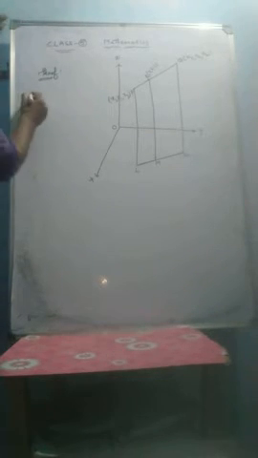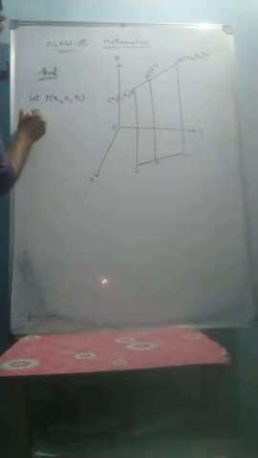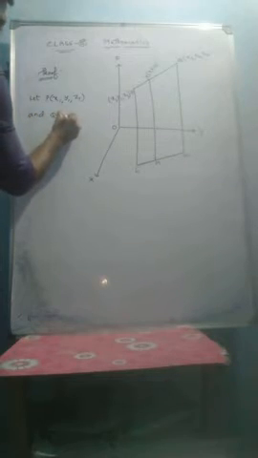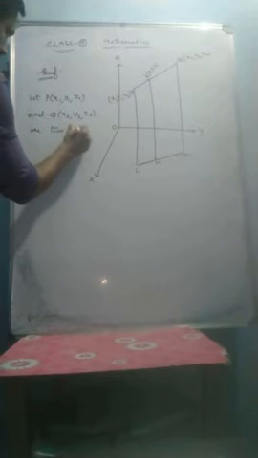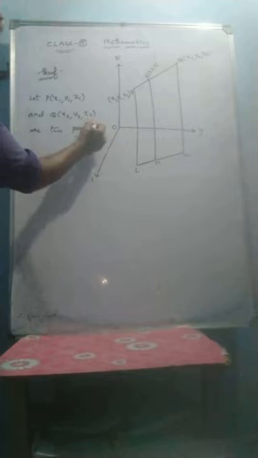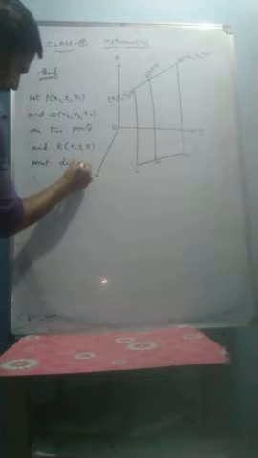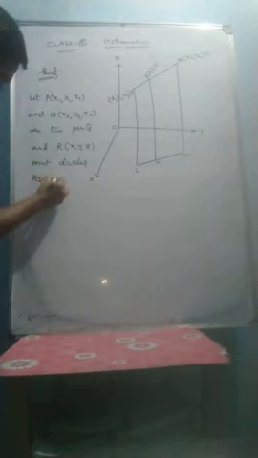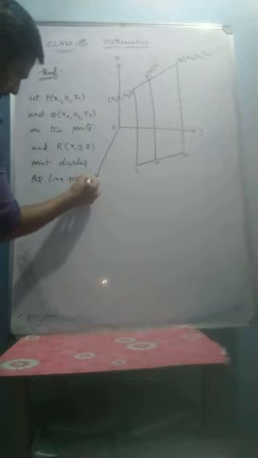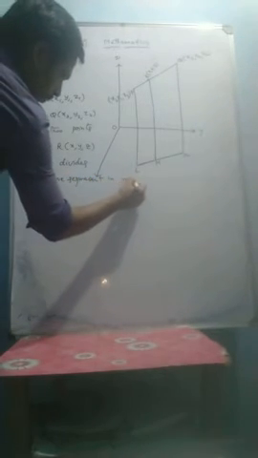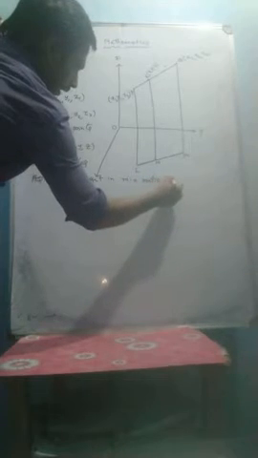So let P (x1, y1, z1) and Q (x2, y2, z2) be two points, and R (x, y, z) a point that divides the PQ line segment in the ratio M is to N internally.